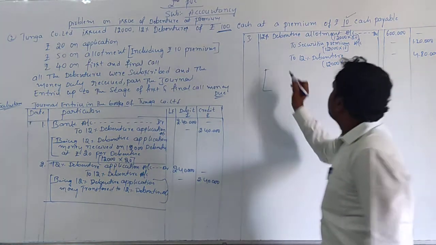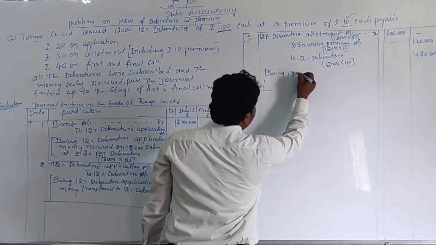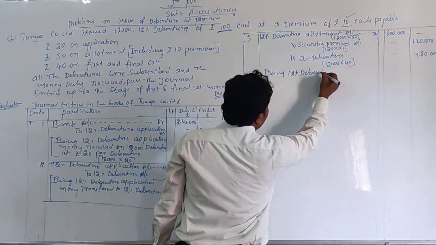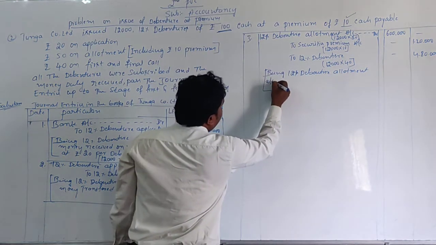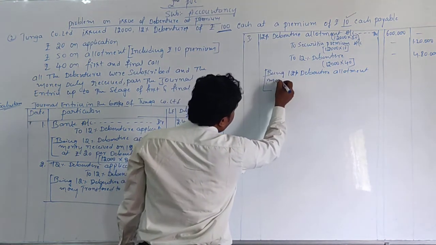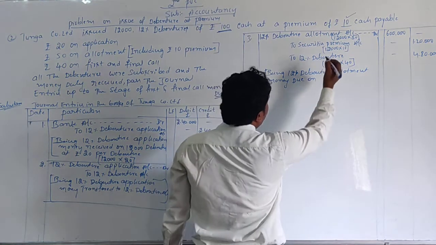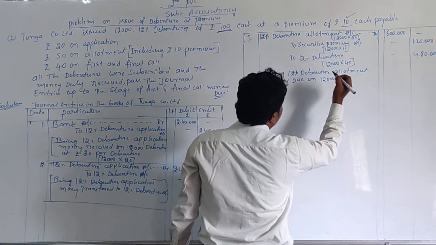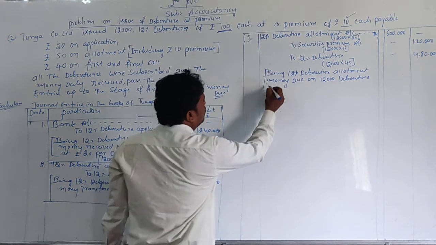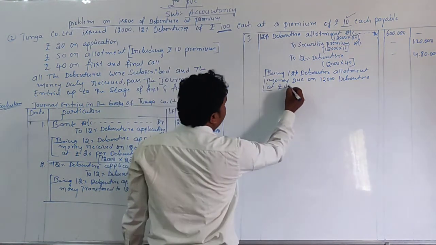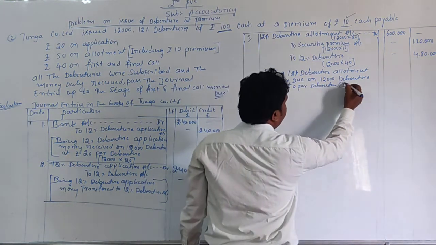Narration: being 12% debenture allotment money due on 12,000 debentures at rupees 50 per debenture, including premium.